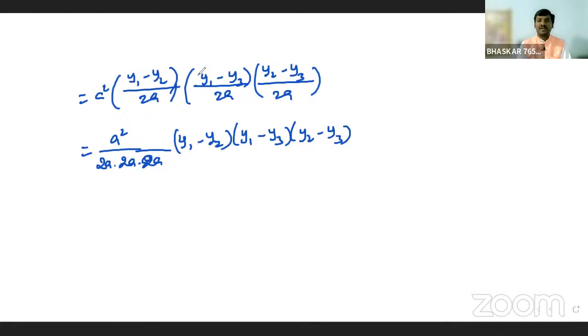Here, can we cancel anything? Here a into a is a square, so you can cancel the a square. Now this is equal to 1 divided by 2 times 2 is 4, 2 times 4 is 8, so 8a, and (y1 minus y2).